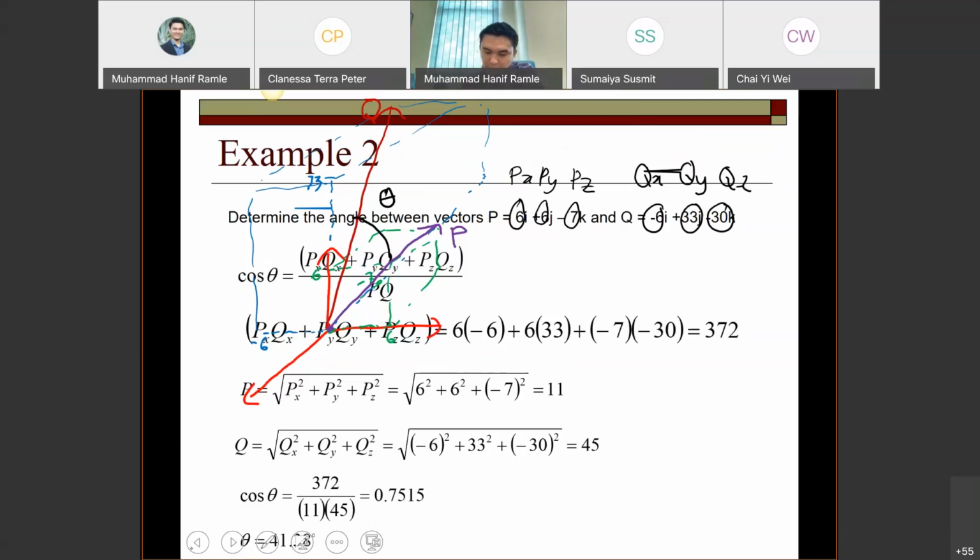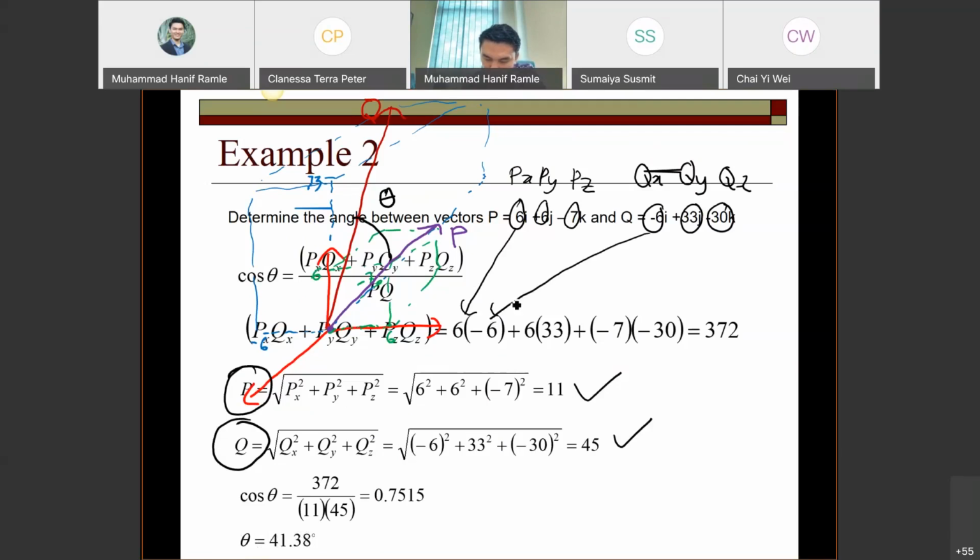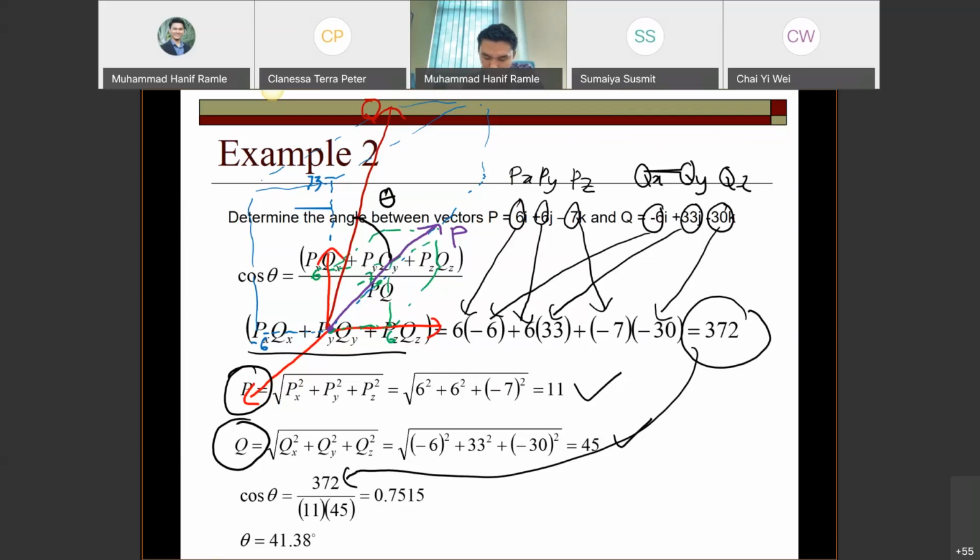From here, you can determine the resultant of P and Q. Then we get the resultant, and you substitute all those information into the equation. You will get the answer. Substitute all information there, you will get the final answer of theta. This one into this one, you will get the answer of theta.